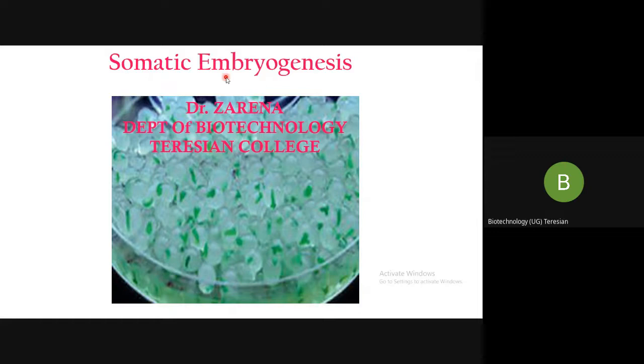And synchronization of the cells is important. Synchronization of the cells means all the cells will be in the same stage of cell division, whether in G1 phase or G2 phase. That is known as synchronized. So these are all important for scaling up, for large scale production or large scale propagation of somatic embryogenesis.